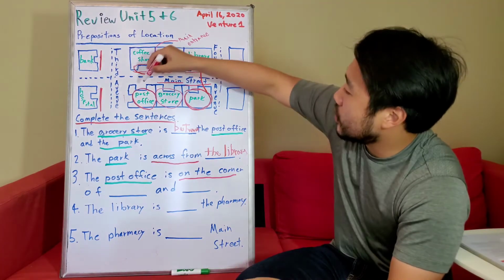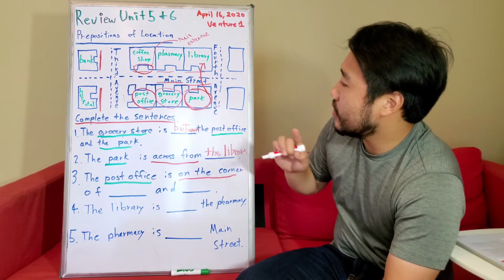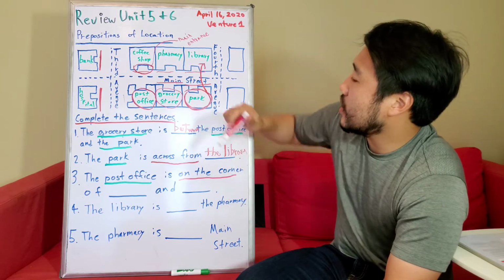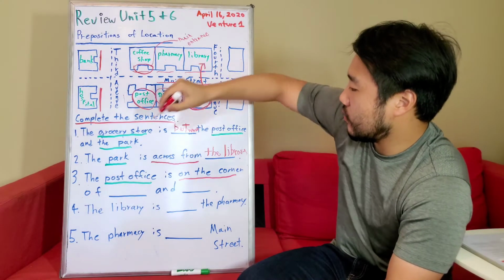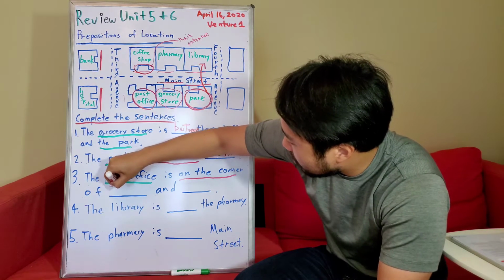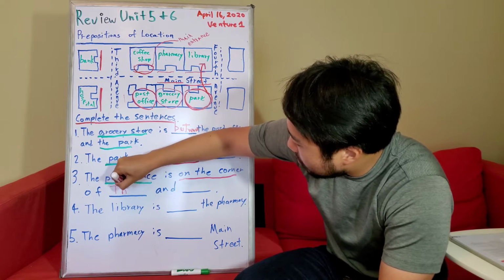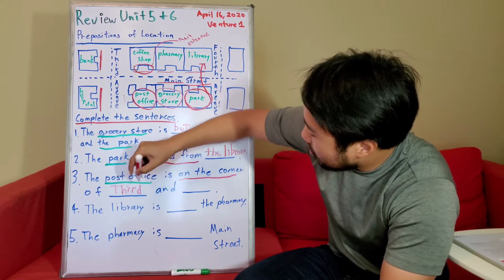Post office is right here, and if they use on the corner, we need to find an intersection. The intersection is here, 3rd Avenue and Main Street. So we say the post office is on the corner of 3rd and Main.